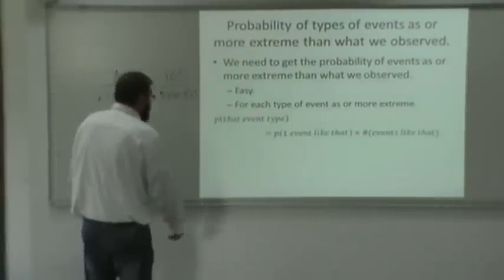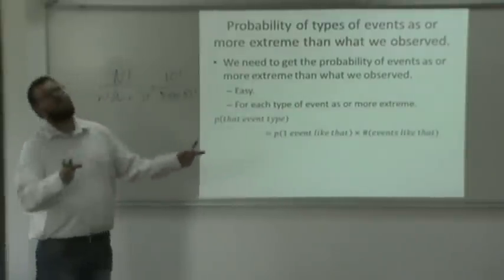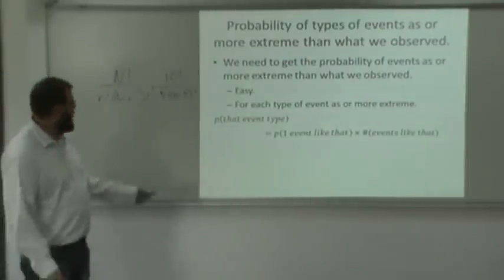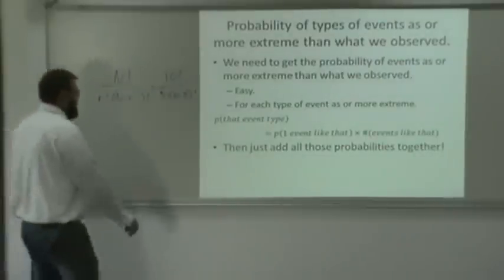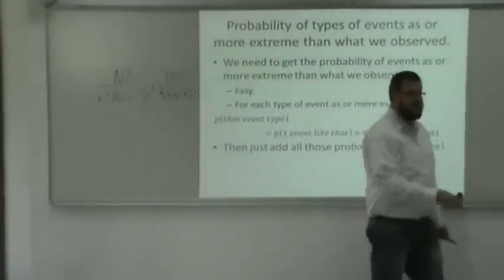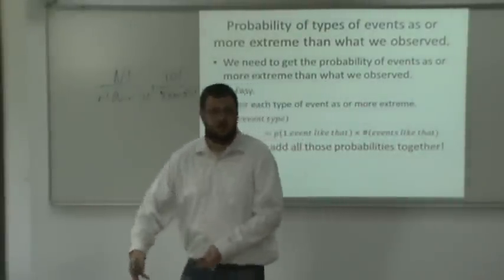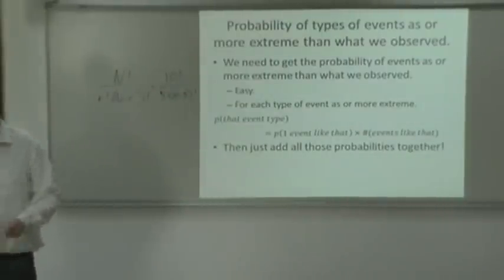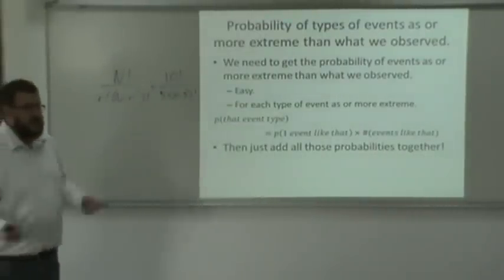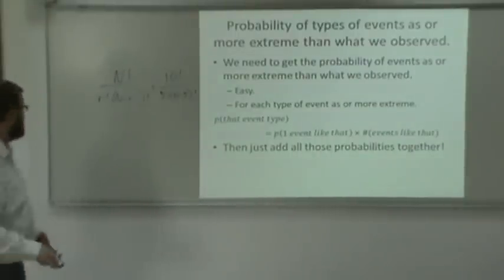So the probability for that event type is equal to the probability of any one event like that times the number of events total like that. Once we have the probabilities for each of these events that are like our event, as extreme as that event, or more extreme than that event, we just add all those probabilities up, right? Because again, these are mutually exclusive probabilities. So we just add them up.